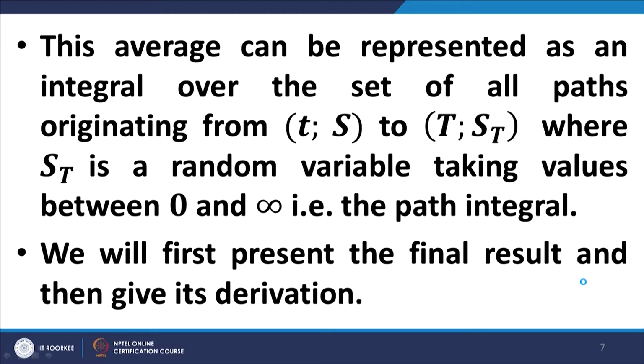And this particular average, that is the expectation value that we are talking about in the risk neutral world, can be represented as an integral over the set of all paths starting from the initial point at t, which is today when the stock price is s, to capital T, which is the maturity of the option when the stock price is s capital T, where s capital T is essentially a random variable, and it can take any real value in the set 0 to infinity.